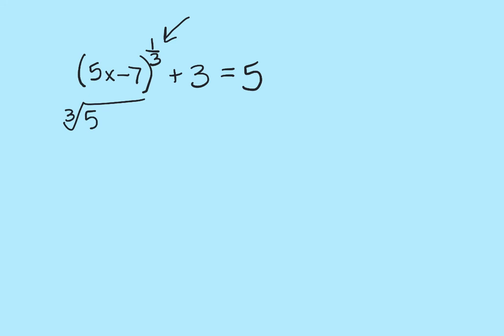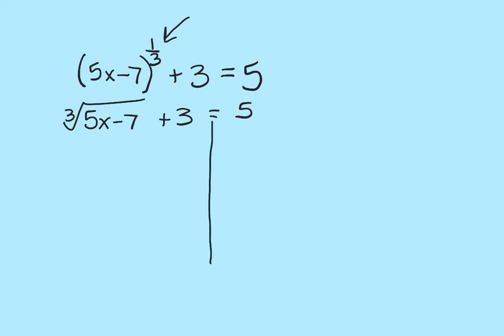All right, our last example, 5x minus 7 in parentheses to the power of 1/3 plus 3 equals 5. All right, so we're solving radicals, but we don't have a radical. However, if you remember, a rational exponent means a radical. So this is the same thing as saying, oh, the cube root of 5x minus 7 plus 3 equals 5.